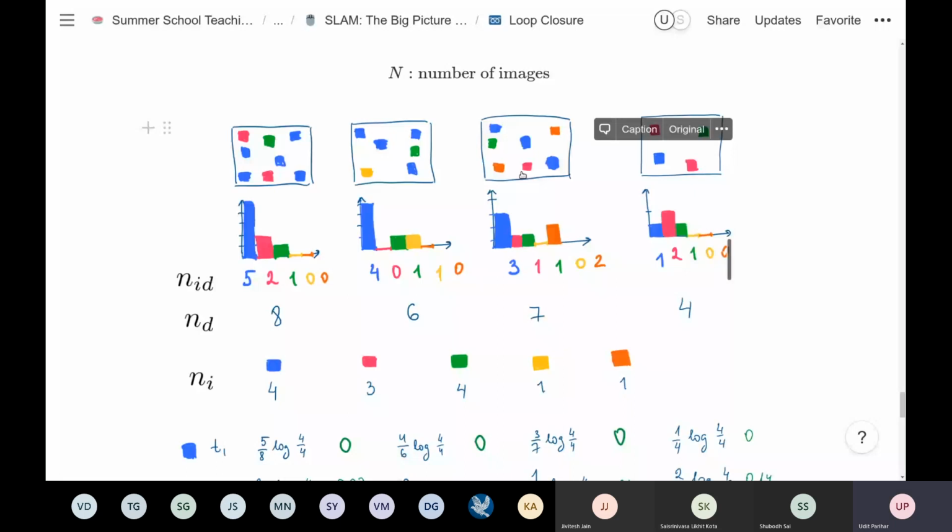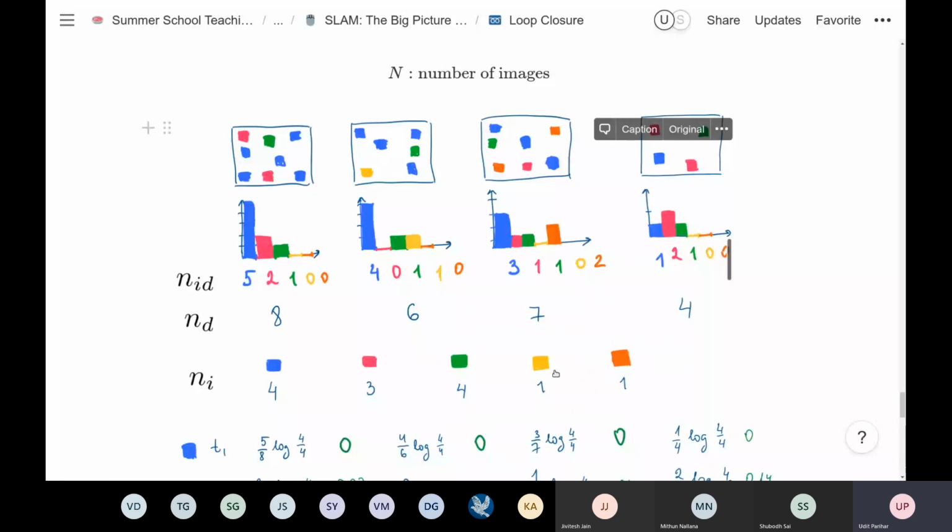So as you can see, the words orange and yellow are quite unique, so these are quite useful. But the blue word occurs in all the images, so it is not that helpful, because if you have another query image, there is a high chance that it will also contain the blue word, and you can't say which image it is more similar to, because all the images contain the blue word.